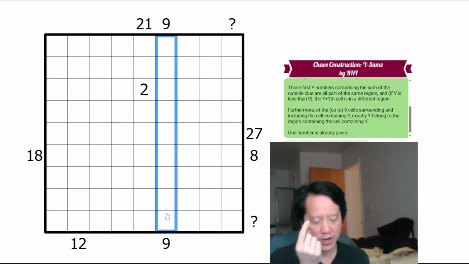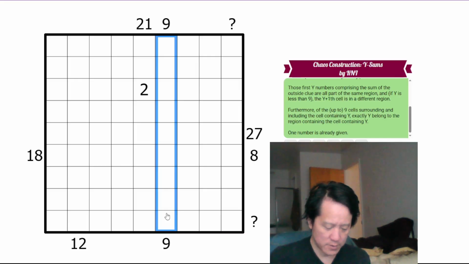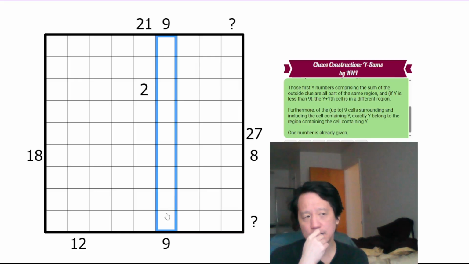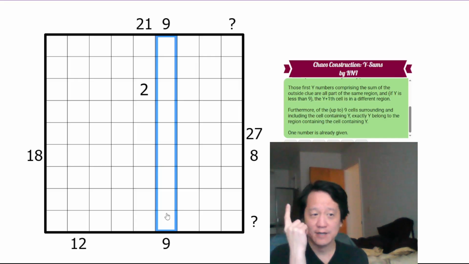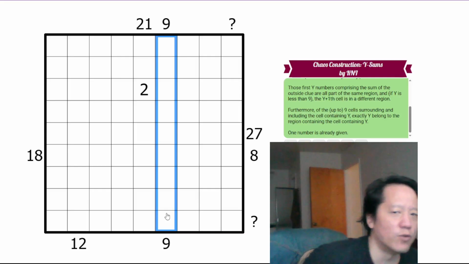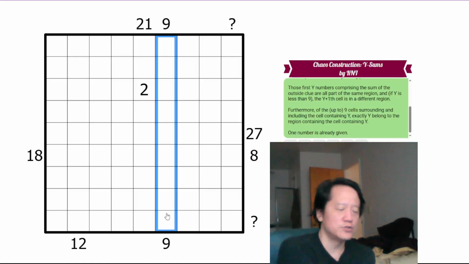If we ever have y as 1, it's saying that only one of the surrounding up to 3x3 squares are in the same region. And obviously that's not going to work, because every region has to be orthogonally connected, which means you're guaranteed at least 2 cells are going to be part of the same region. So y always has to be at least 2.